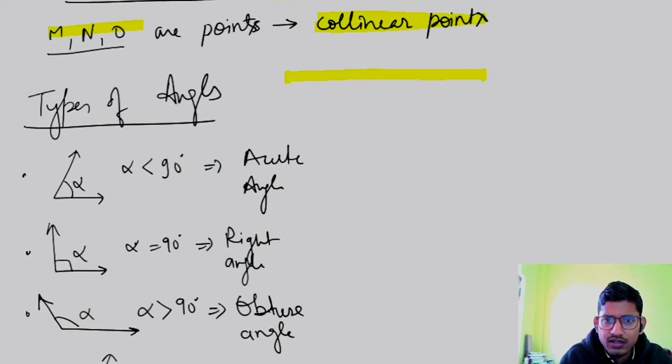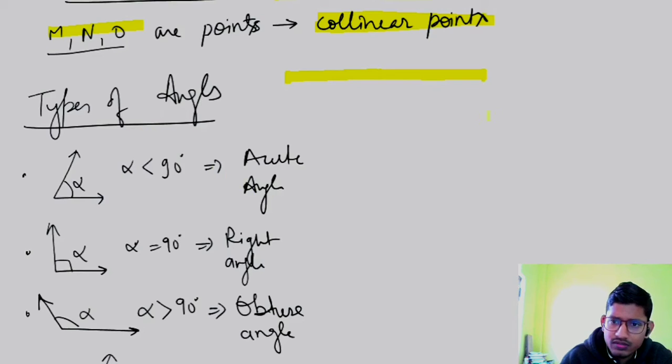If any one of the three does not lie on the same line, then these points are non-collinear. So we should have a minimum of three points; the maximum can be n number of points.